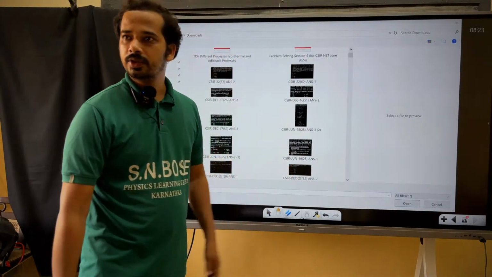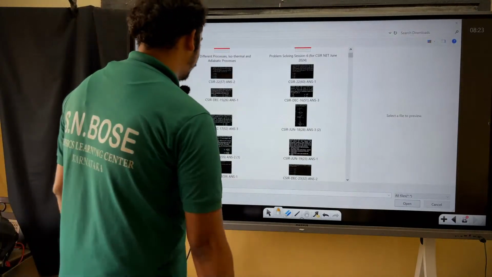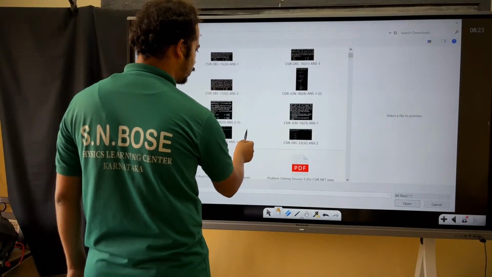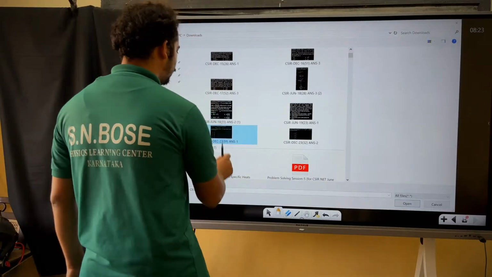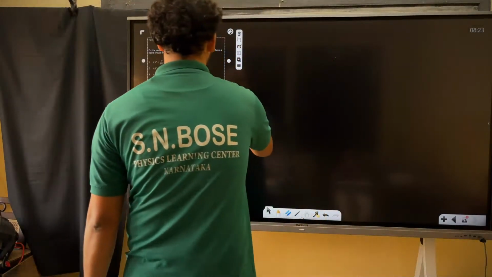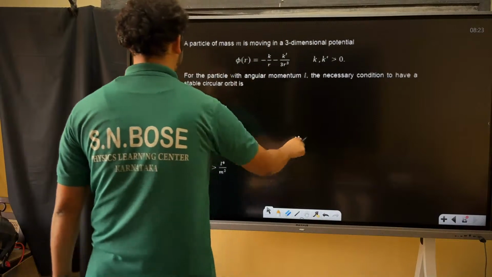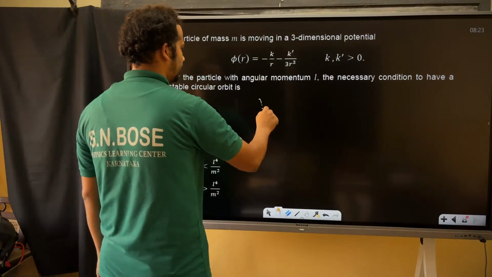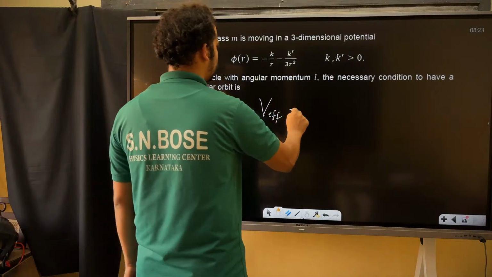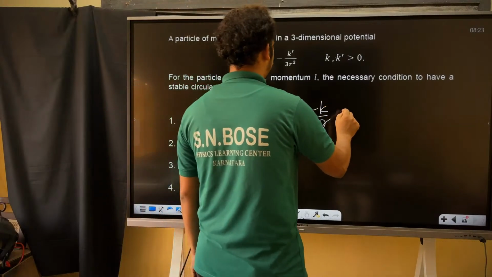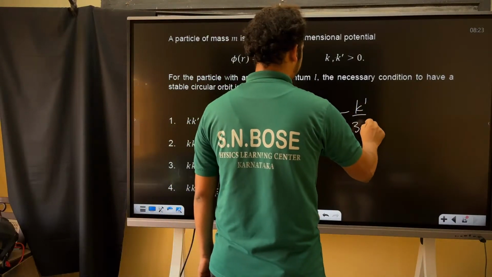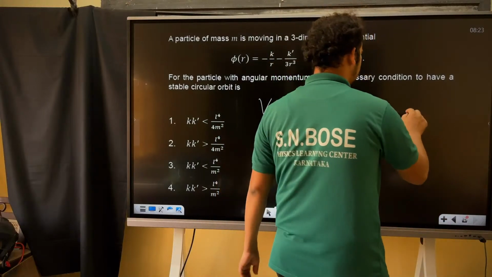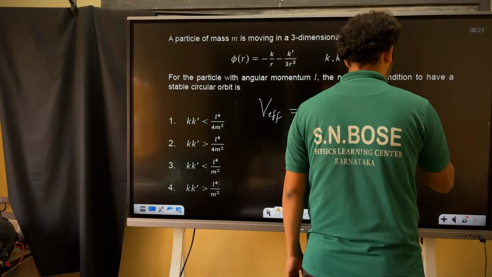If you are in the course, you can visit those quizzes. Did you guys solve this problem? What you have to do: V effective is equal to minus K by R minus K dash by 3R cube plus L square by 2M R square.